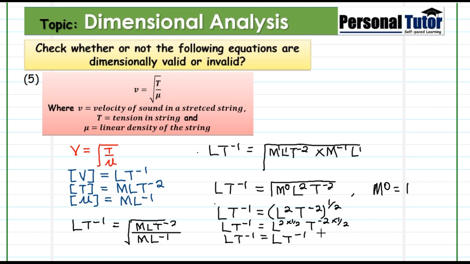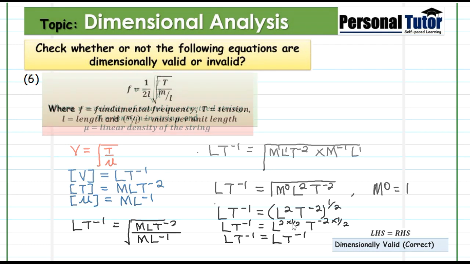And so by quick inspection, you can say with authority that the left-hand side is equal to the right-hand side. And so the equation V equals square root of tension over linear density is dimensionally correct and valid as well.